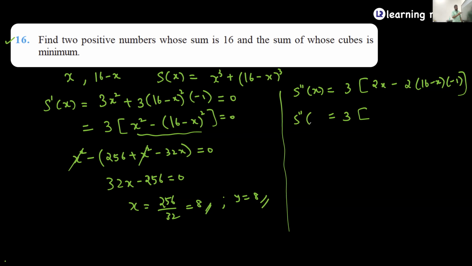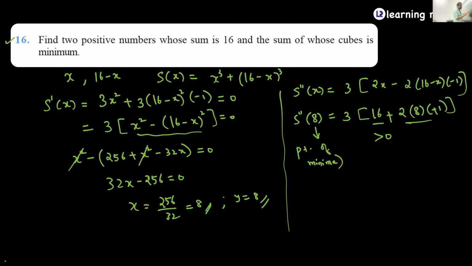We got 8. So when you substitute 8 here, it will be 3 into 16 minus 2 into 8 into minus 1. So basically this will become plus. So positive number plus positive number. I'm not concerned about the value. So s double dash of 8 is greater than 0. So 8 will be the point of minima. Hence we are right. The numbers are 8 and 8.